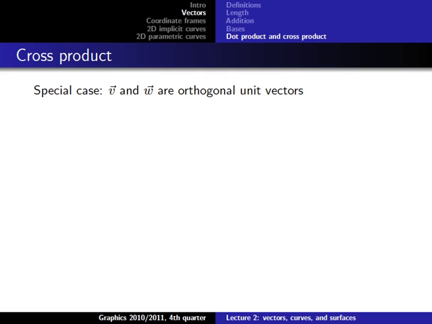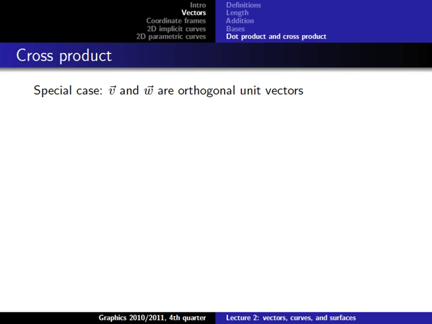So if we have two vectors, we can create a vector that is orthogonal to them. If they are unit vectors, then we have again a special situation. The reason why we do this is that we can use the cross product to create an orthonormal basis, and that is useful for calculations because the base vectors have length 1 and are orthogonal, and that is often needed in graphics.